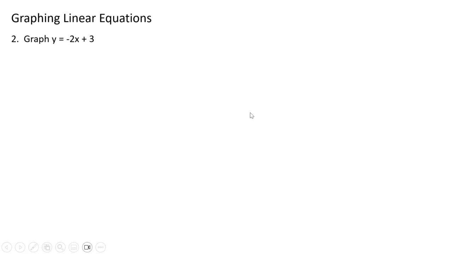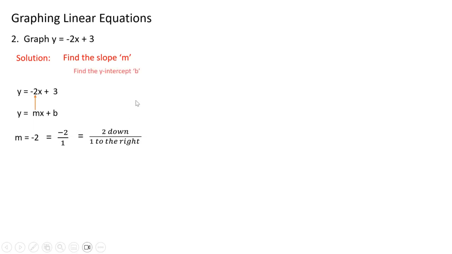Okay, now let's graph the very same equation, but in a different form. We're going to use the slope-intercept form, which means I need to find my m, I need to find my b. My m will be negative 2, which means the slope is negative 2, which means it's going to go down 2 and 1 to the right. From where? From my b, which is the y-intercept.